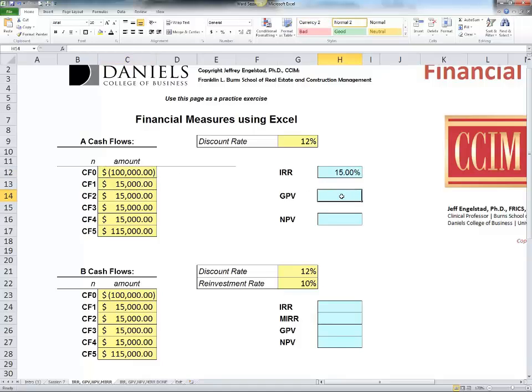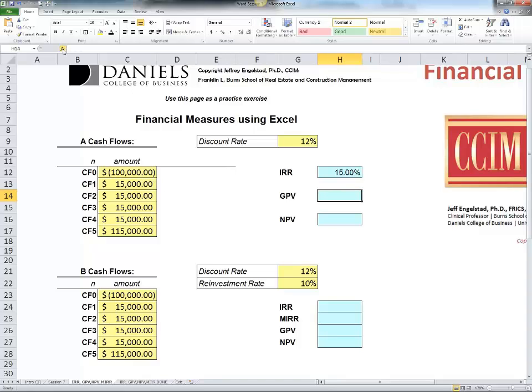So gross present value would tell us the value of receiving these cash flows. And when would it tell you the value? Today, at time period 0. And if we're discounting these cash flows at 12%, yet they yield 15%, then the value of the cash flows will exceed their $100,000 cost.